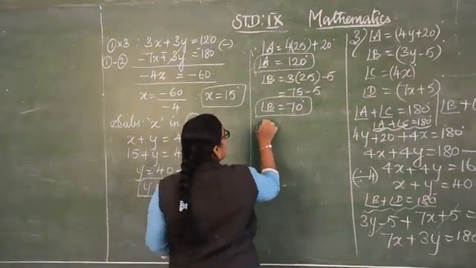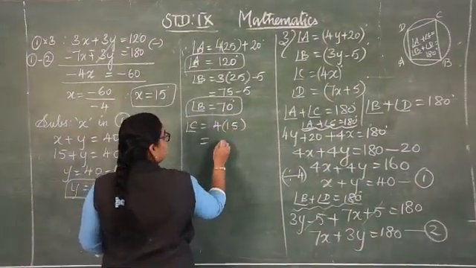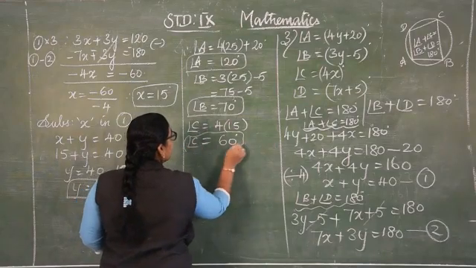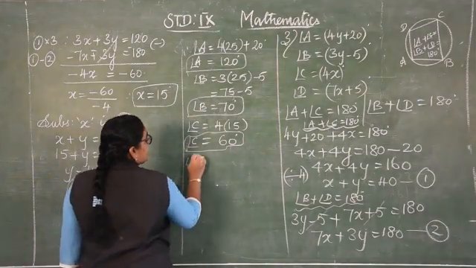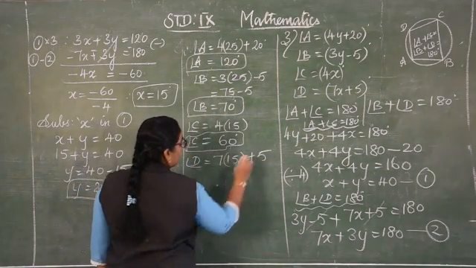Then measure of angle C is equal to 4 into 15. 4 fives are 20, 60 degrees. So measure of angle C is equal to 60 degrees. Measure of angle D is equal to 7 into 15 plus 5.